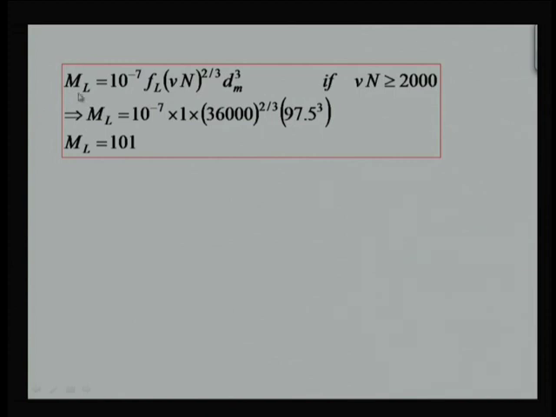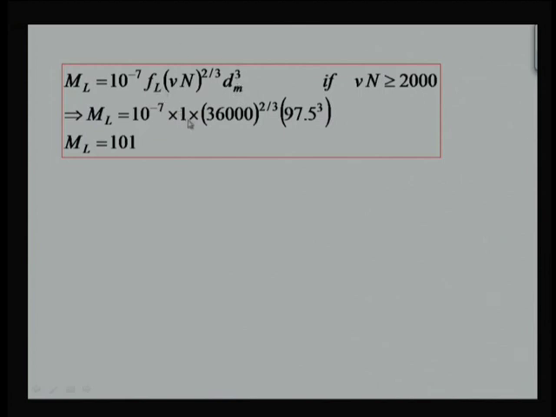The friction moment due to lubrication is 10⁻⁷ into f_L into nu into n to the power of 2 by 3, and this is a highly sensitive component. The dm we are using to the power 3, right? So 10 to the minus 7.